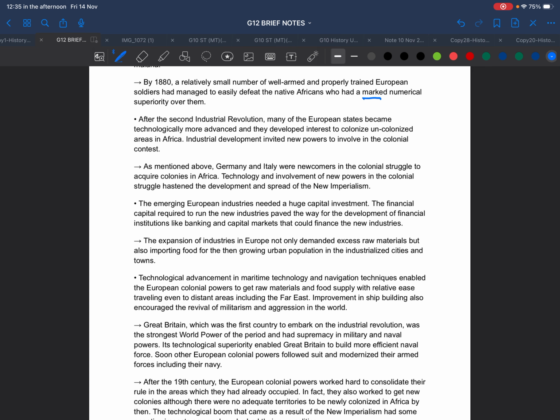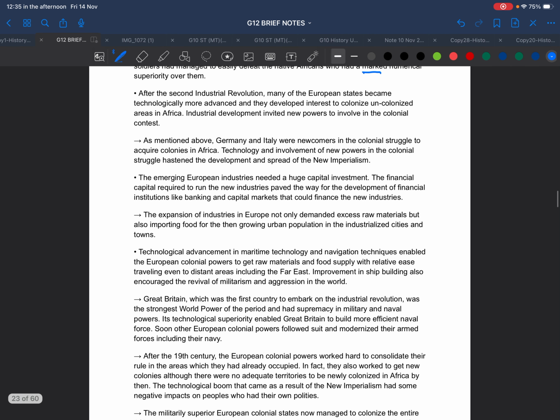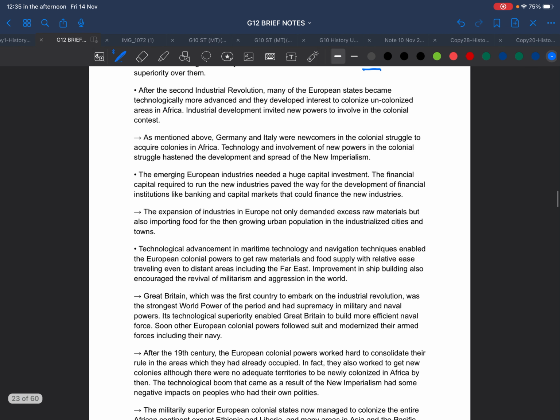After the second industrial revolution, meaning after the 1850s, many of the European states became technologically more advanced and developed an interest to colonize the areas in Africa that were not yet colonized.